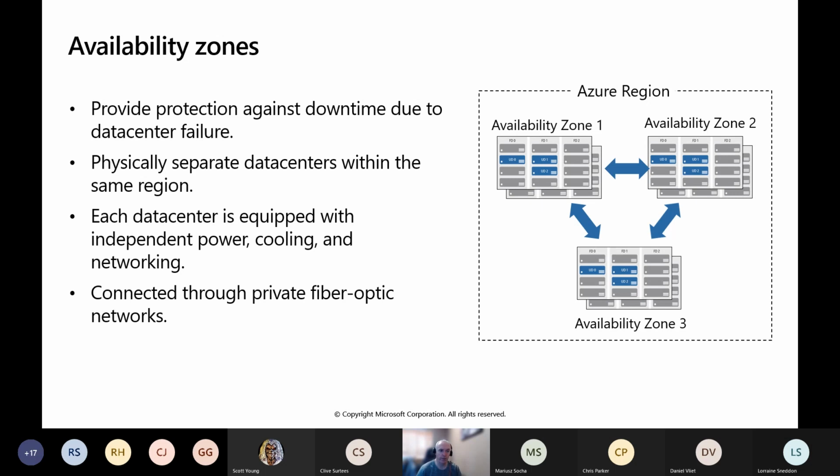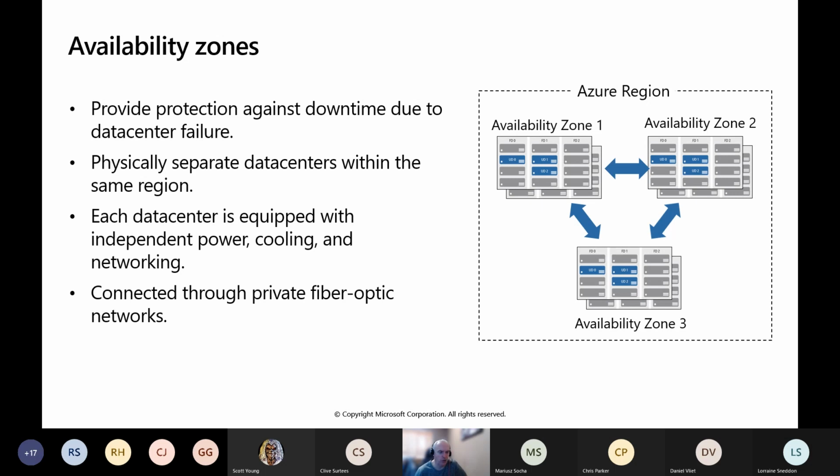Each data center is equipped with independent power, cooling and networking, and connected through private fiber optic networks. Microsoft will either roll out or purchase fiber networks to interconnect these availability zones. So typically we can have in one region 3 availability zones that will closely work together. So if anything goes down, the other one will pick up that workload.